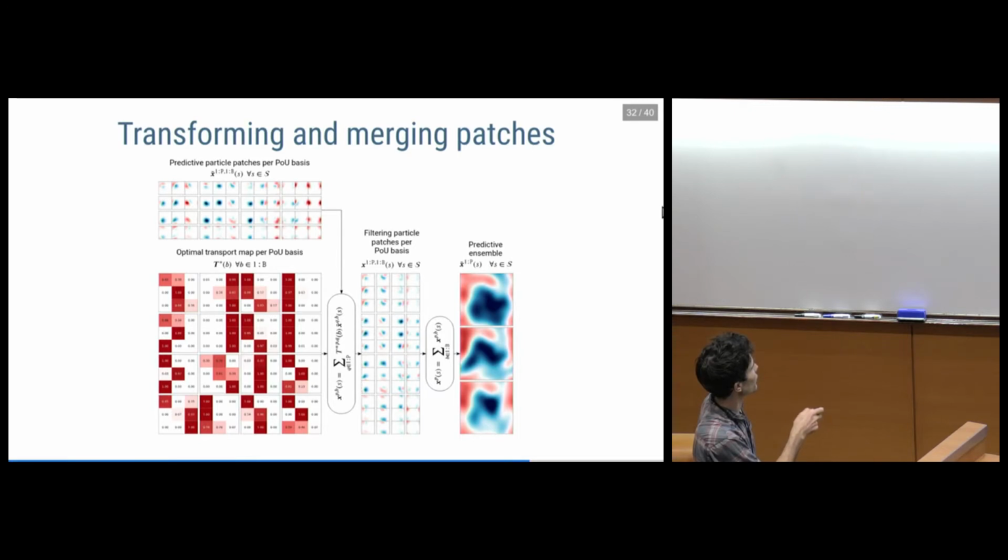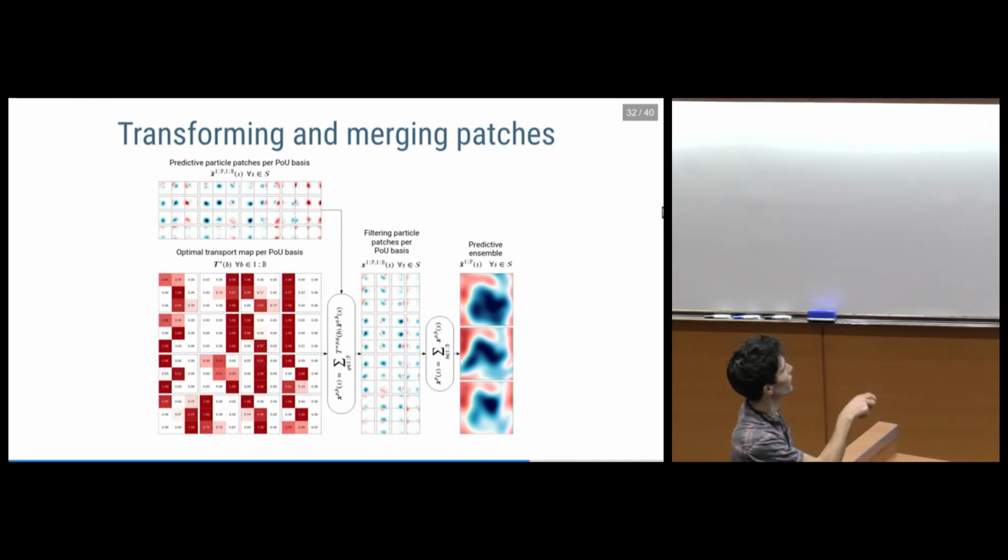We're just taking each of those transport matrices and performing a linear combination of the prior particles via that transport map to get a set of posterior particle patches. And then we merge those particles, summing across the patches at each spatial location, to end up with our updated ensemble.